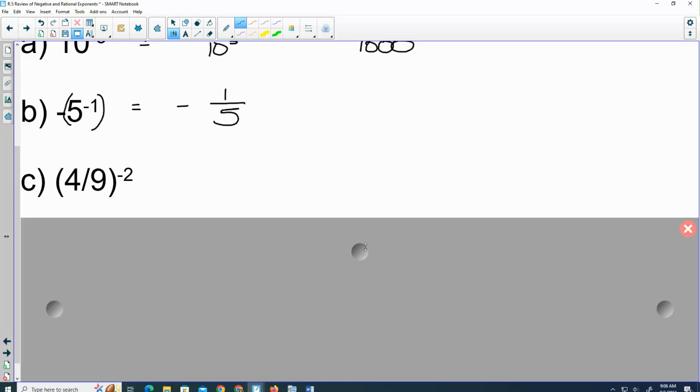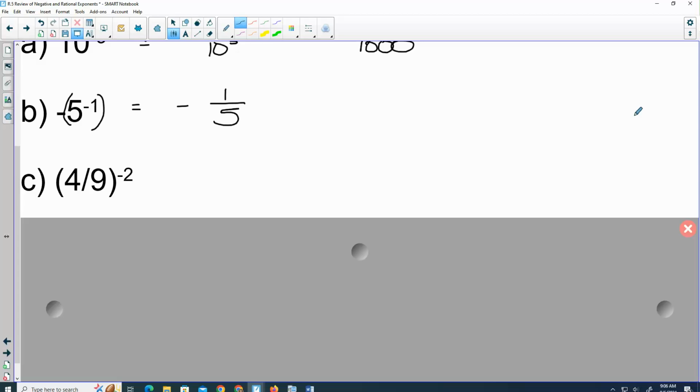If I said 4/9 to the -2 power. So the negative puts it on the bottom, but I don't really want to write 1/(4/9). If you already have a fraction and the whole fraction is to a negative power, what do you do to your fraction?